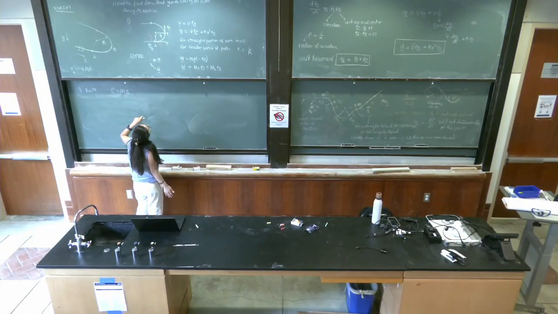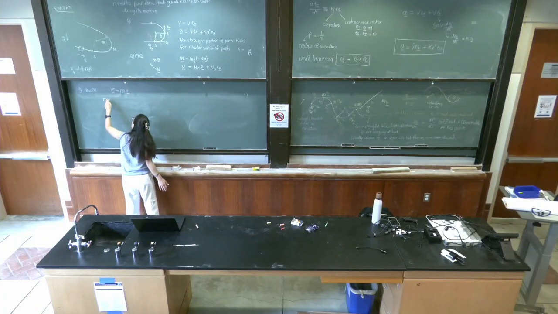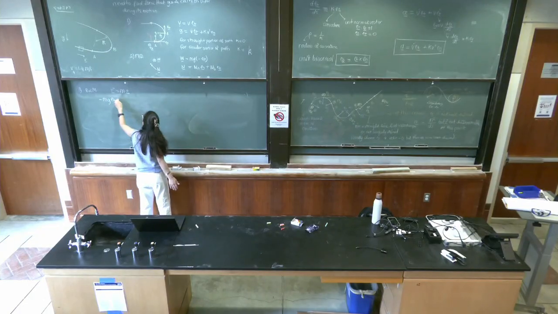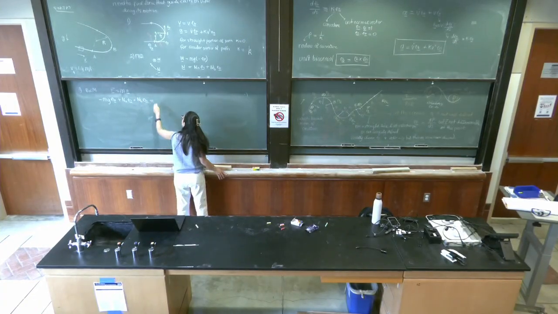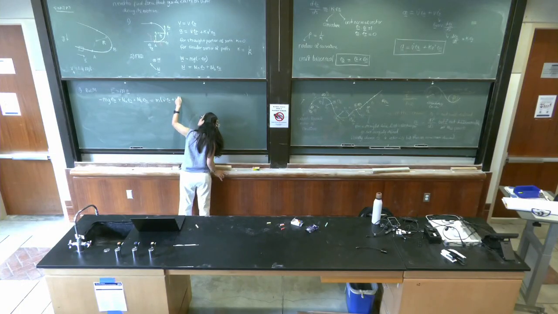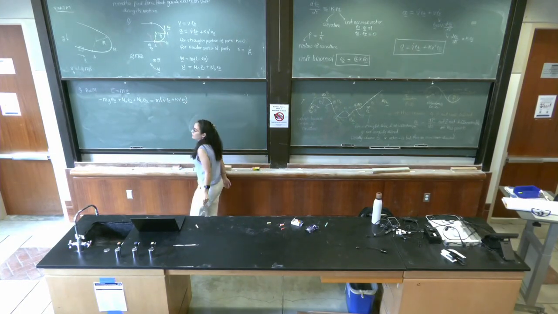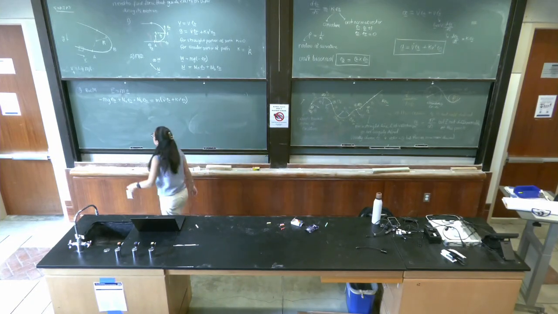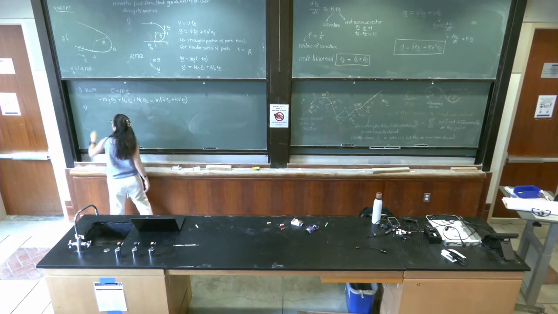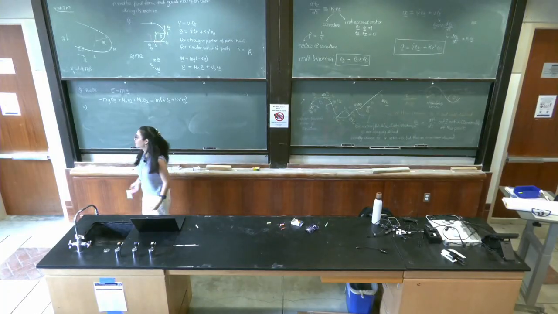So now we have minus mg EB plus N EN is equal to m a, right? And now I can project.